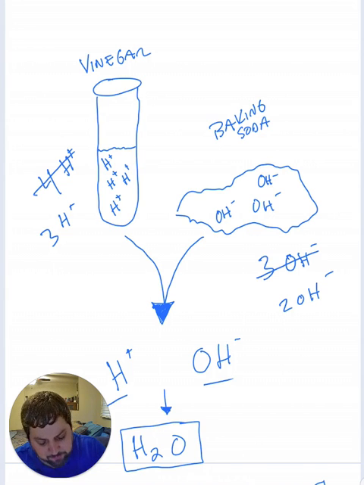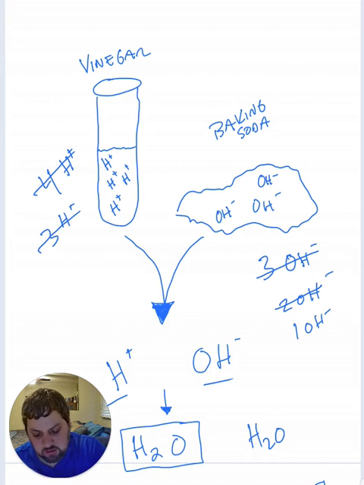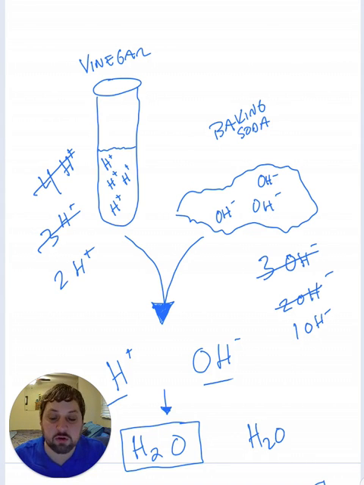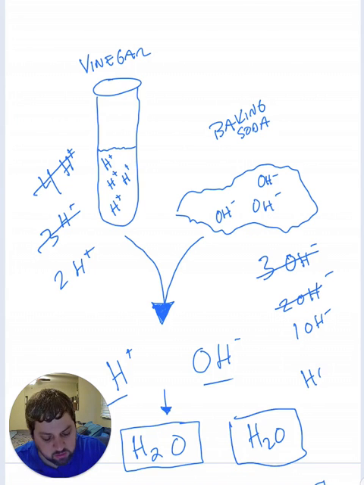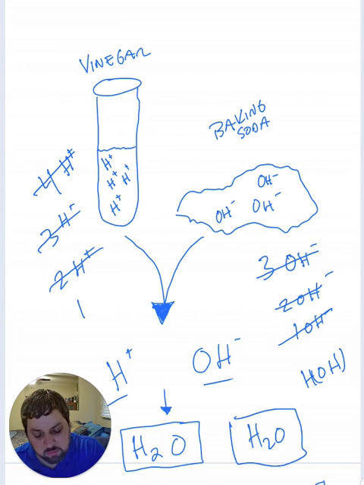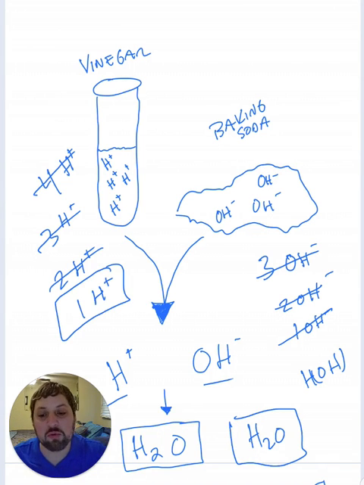If we do it again, we'll get another water, and we'll get 1 hydroxide, and we'll have 2 hydrogen ions. And if we do it yet a third time, something interesting happens here. We run out of our hydroxide, but we have one extra hydrogen ion. So this would not be neutral, but instead it would be acidic.